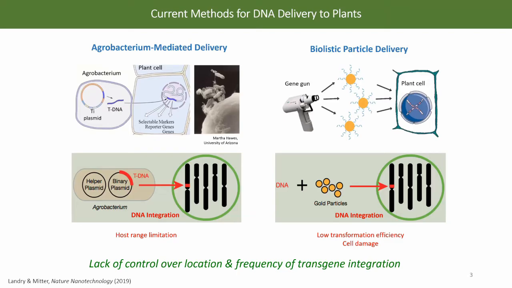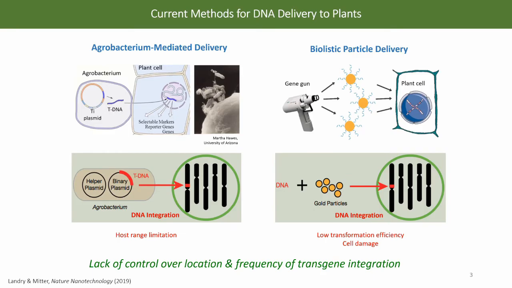And so within the context of what's currently being done in genetic engineering of plants, the tools that exist for introducing foreign DNA, RNA, and proteins, which are necessary for the genetic manipulation, are twofold.